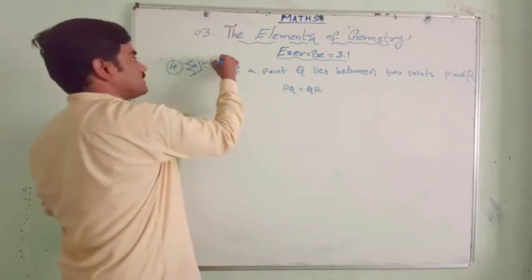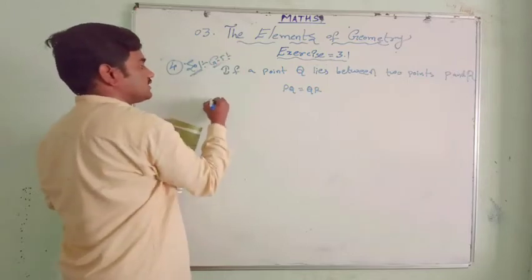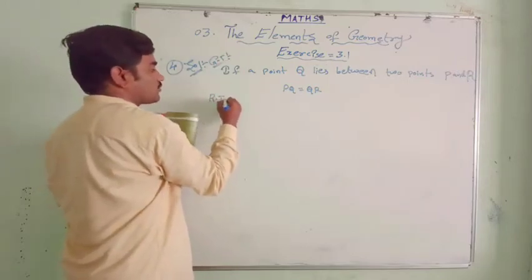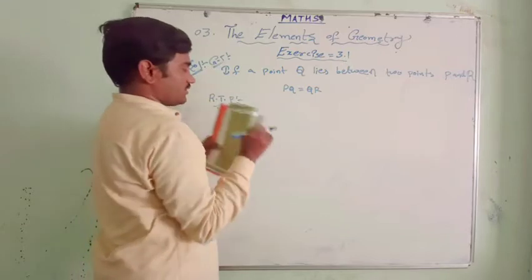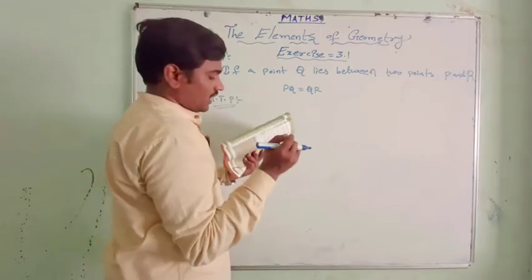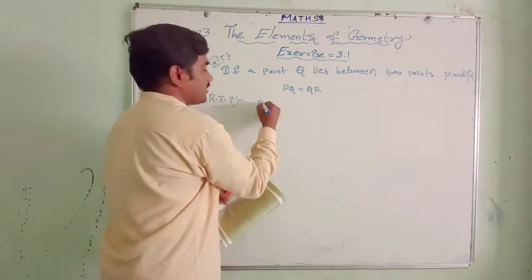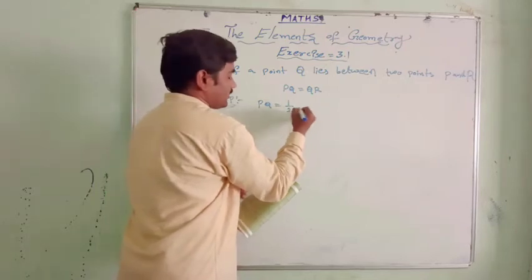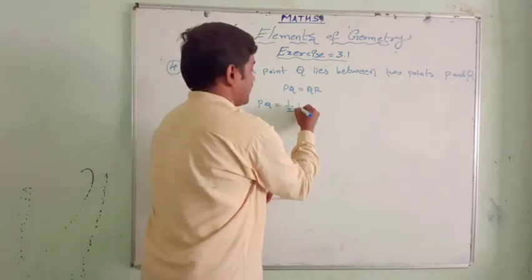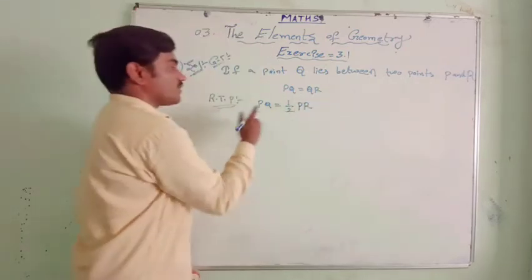This is given, and we have to prove, required to prove, that PQ is equal to 1 by 2 PR. This is what we have to do.